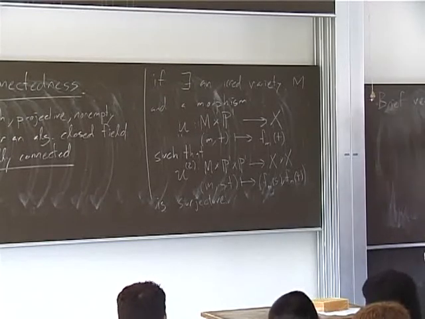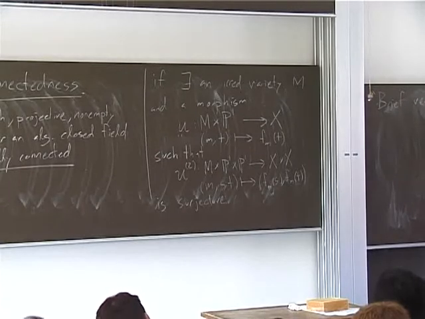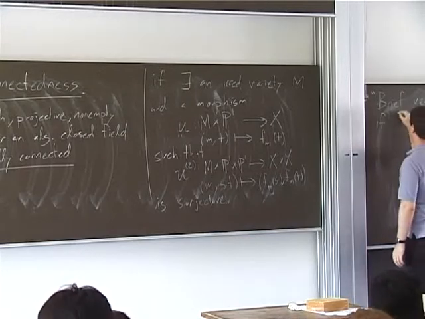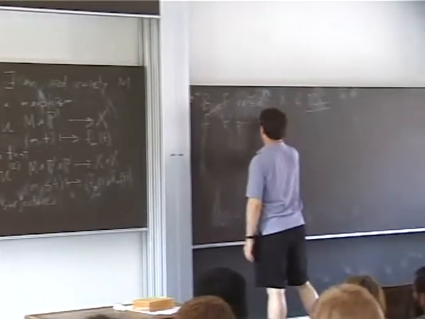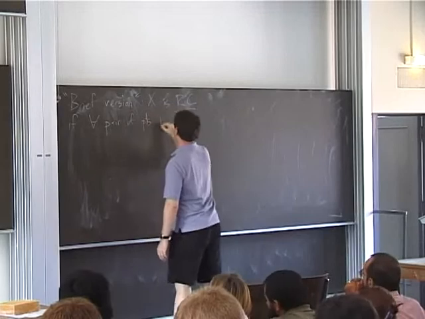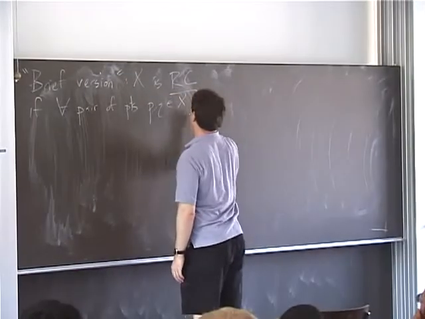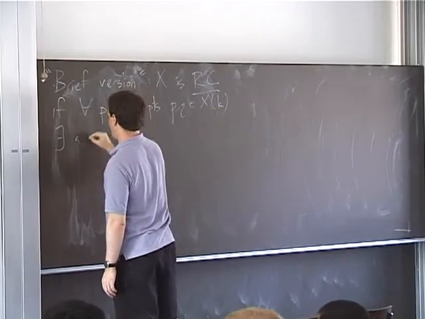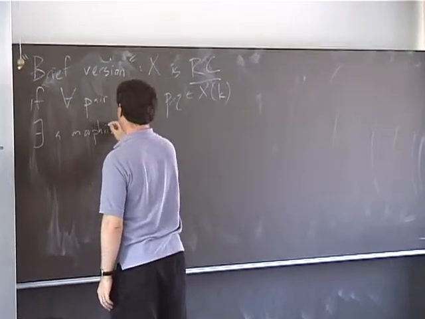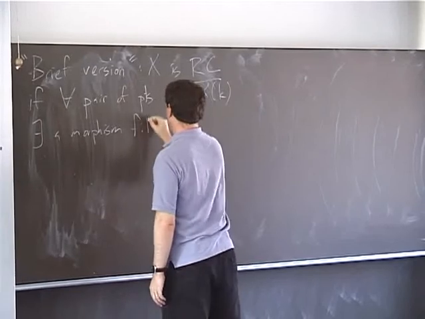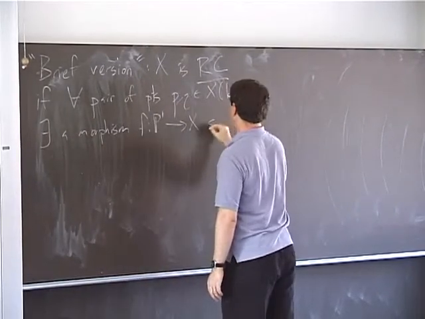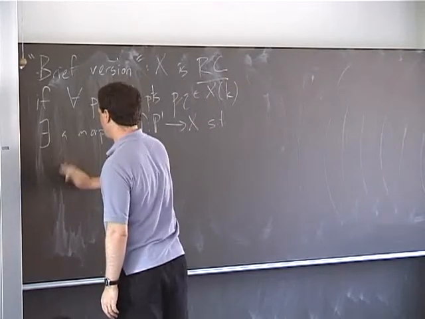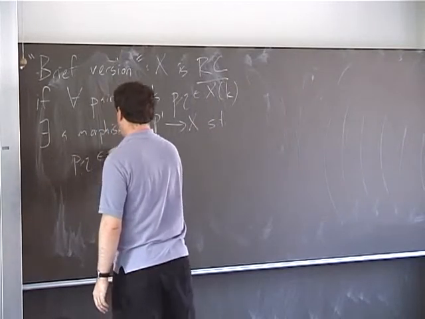So the brief version is that X is rationally connected, and I'll write RC for rationally connected, if for every pair of points P, Q in X, let me say K points, there exists a morphism f, of course depending on the pair of points, such that P and Q are in the image of f.